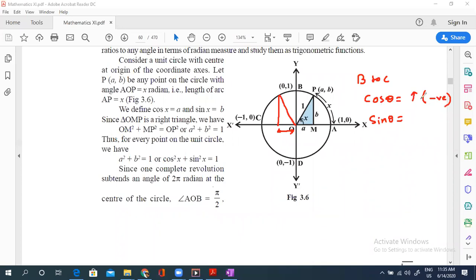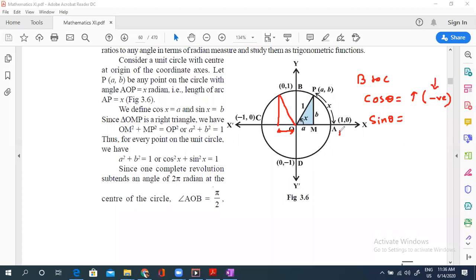So if we talk about the overall change, it will decrease because it will be less, it will be negative. It will be maximum at point A, then 0 at point B. At A, cos theta will be 1 because the base is equal to the hypotenuse.